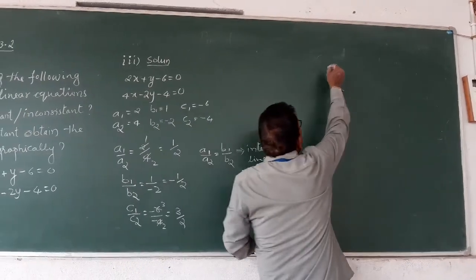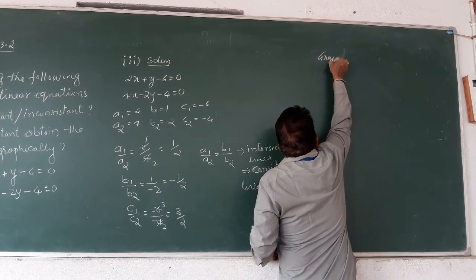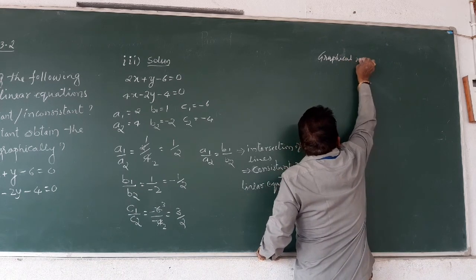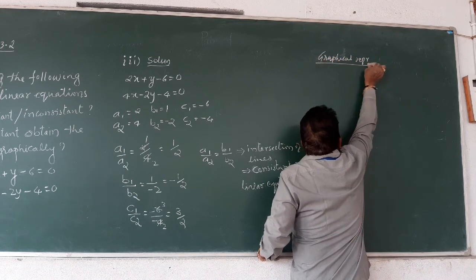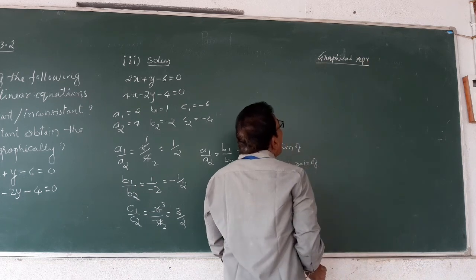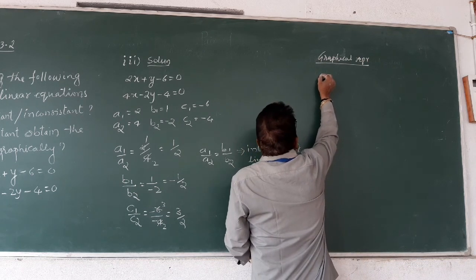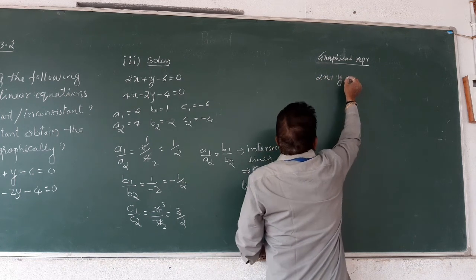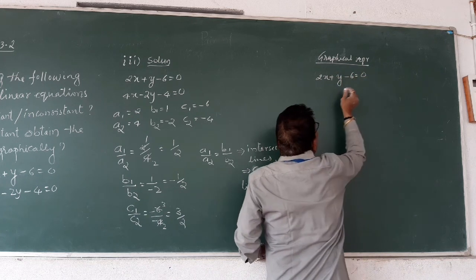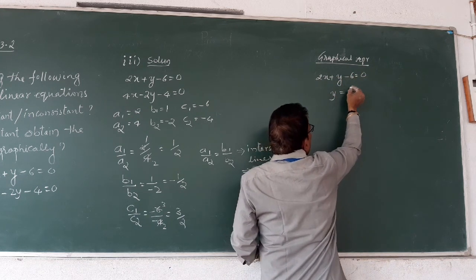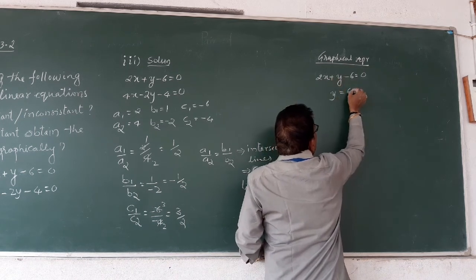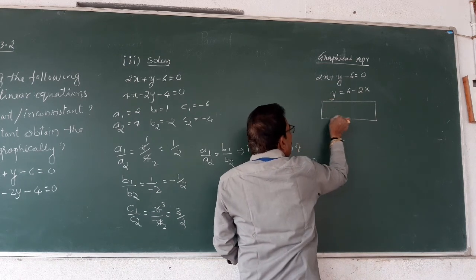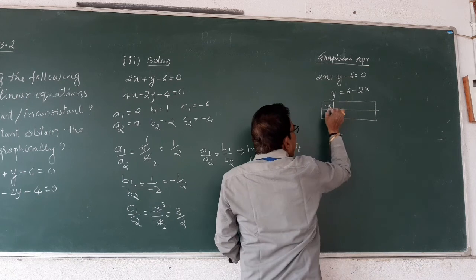First one. Therefore, y equals minus 6 plus... y equals 6 minus 2x. Tabulation. X, y.